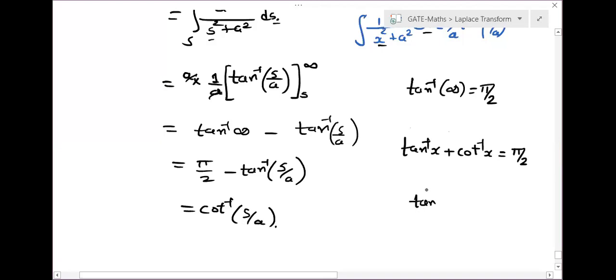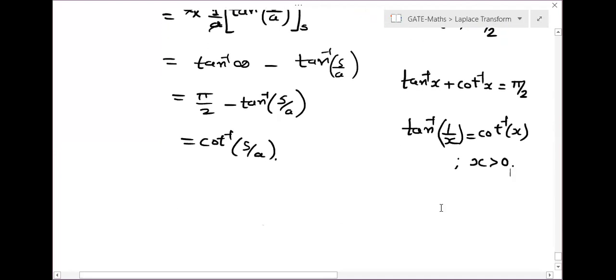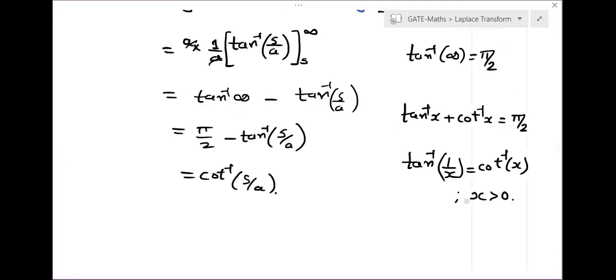Now, cot inverse x and tan inverse x have one more formula: tan inverse 1 upon x can be converted to cot inverse x, and cot inverse 1 upon x can be converted to tan inverse x, and vice versa, if x is greater than 0. So here pi by 2 minus tan inverse s by a will be your cot inverse s by a. Now if I have to write this answer again in terms of tan inverse, it is tan inverse a by s.